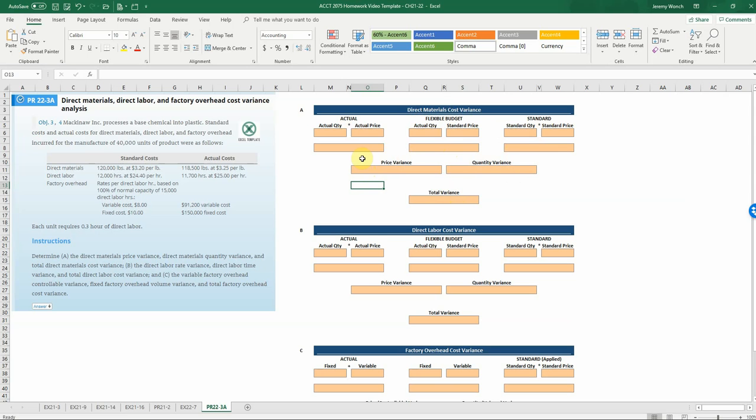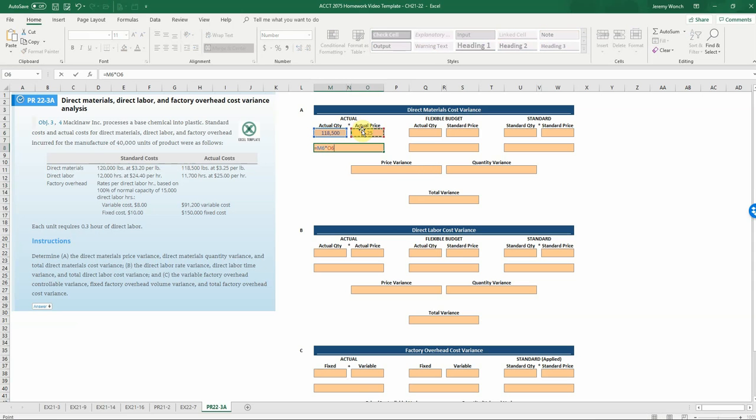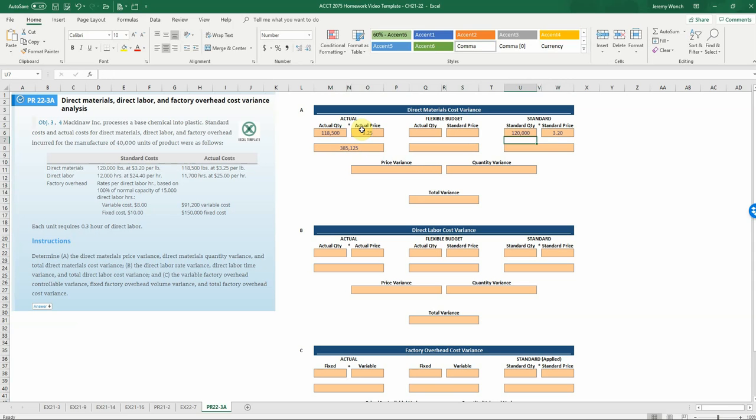So for the direct material variance, let's plug in our actuals here. They have an actual quantity of 118,500, and that's at 325. We multiply those together to get the actual cost. Then we go over to standard, and the standard was 120,000 at 320.